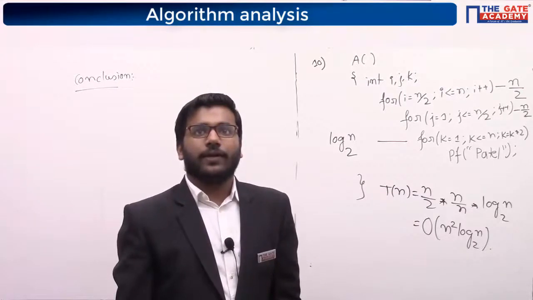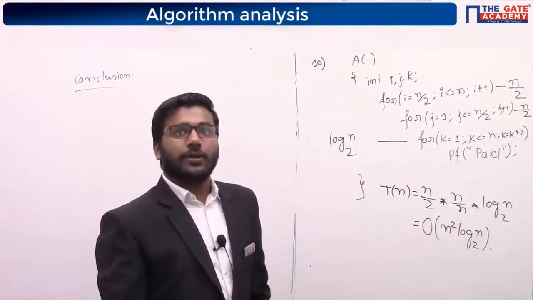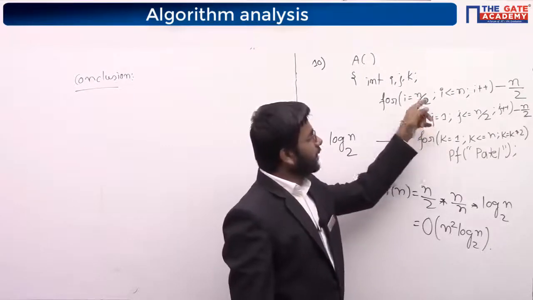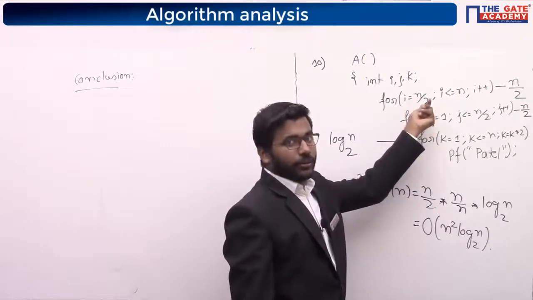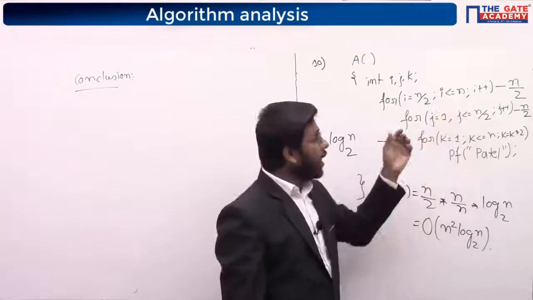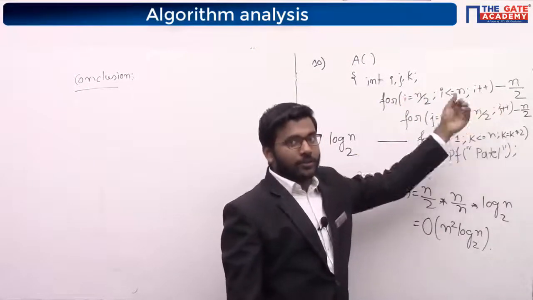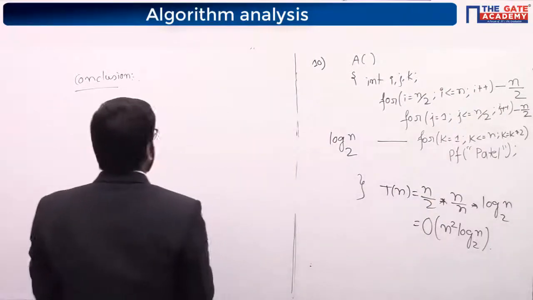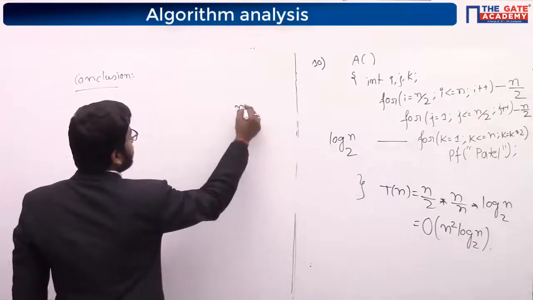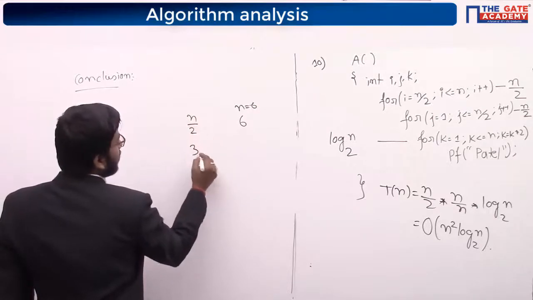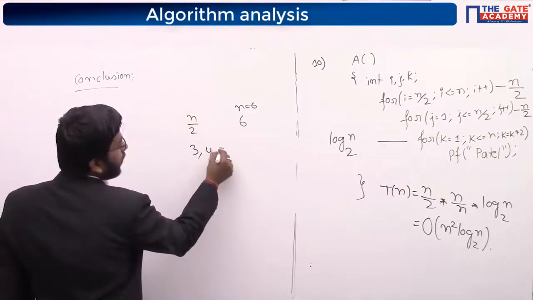How does it run n by 2 times? See, here it is incrementing from n by 2 till n. So from half of the number it is incrementing by 1. If you think n is 6, then it is starting from n by 2, that is 3, then 4, then 5, then 6.